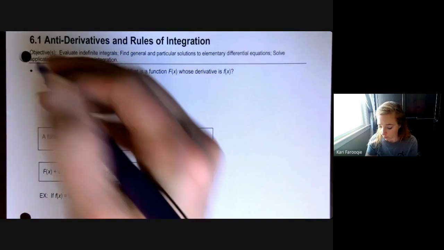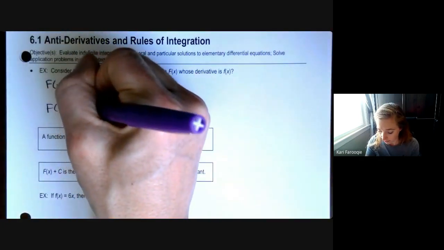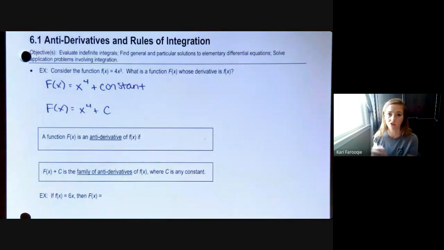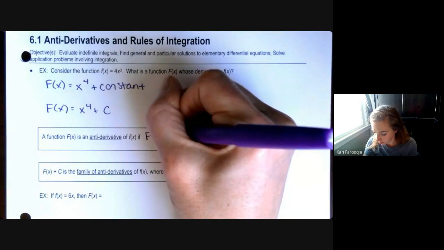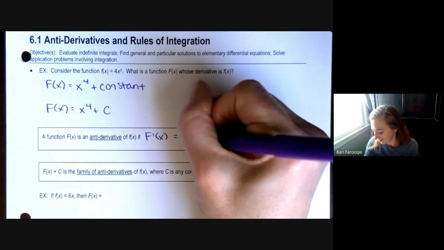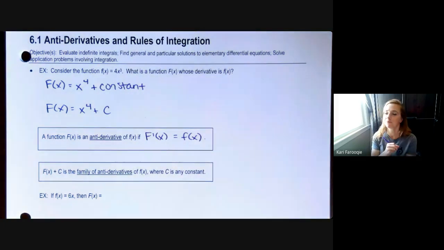So the way that we would write this in our class is we denote constants with, it's usually just like a capital C. And that's how we would denote the antiderivative. So working our way backwards, we're given a derivative when we're finding the original function. If the function capital F is an antiderivative of little f, this is the case if big F prime is equal to little f.